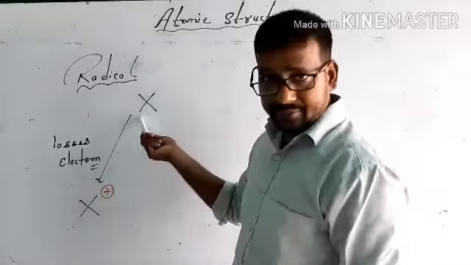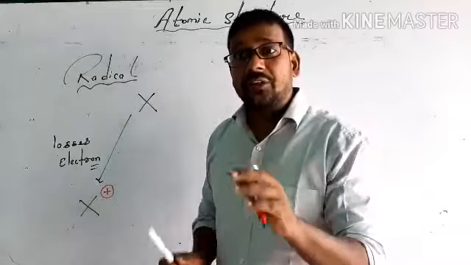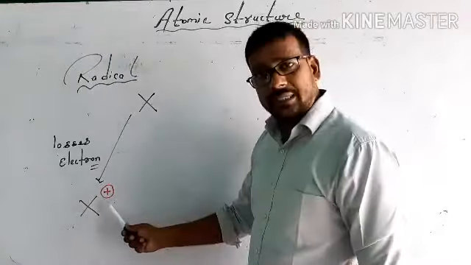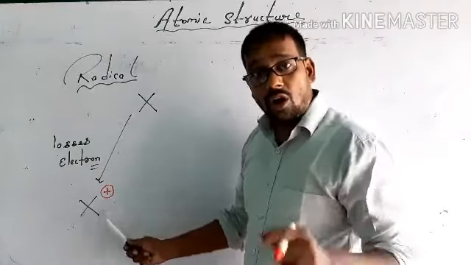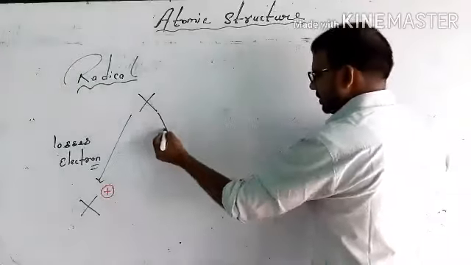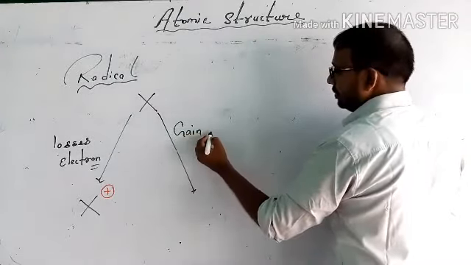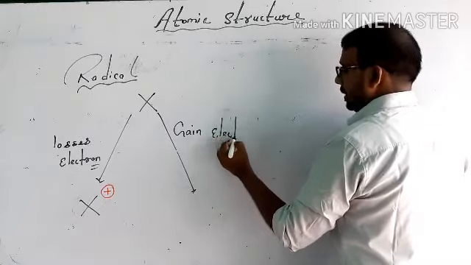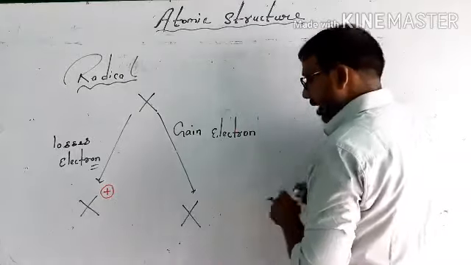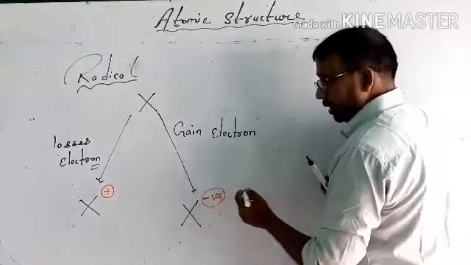If any element loses electrons during a chemical reaction, it carries positive charge. Or if X gains electrons during a chemical reaction, X will carry negative charge.